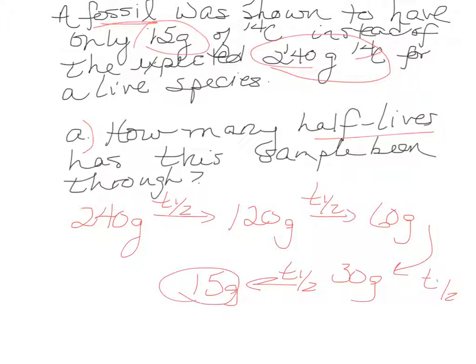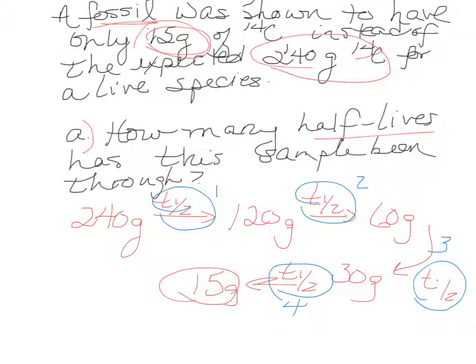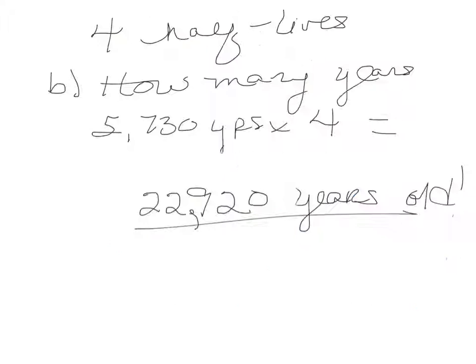Look at that, right where we were supposed to be. How many half-lives have passed? 1, 2, 3, 4. 4 half-lives. So you're not always going to be this lucky with a problem and the math ends up being perfect, but at least it'll give you an idea of about how many half-lives. And so that's a really easy way to do it.